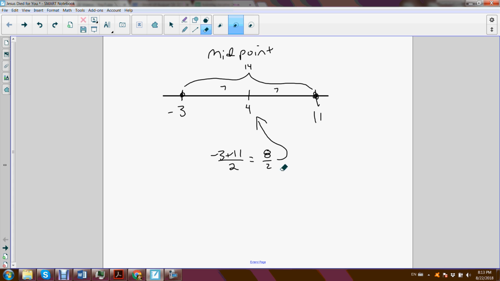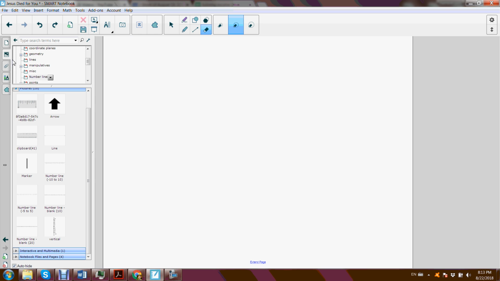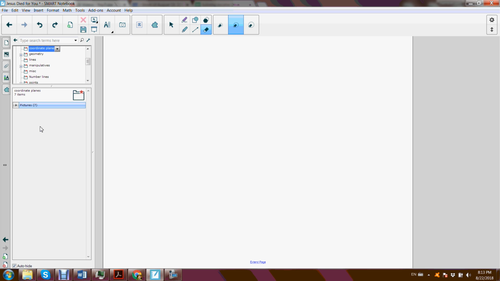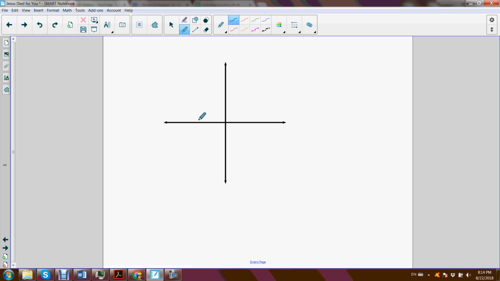Now, suppose you have the midpoint of points on a coordinate plane, like, let me pull out a coordinate plane here. So let's say you've got the point -1, 3 as one point, and the other point is 3, 7.